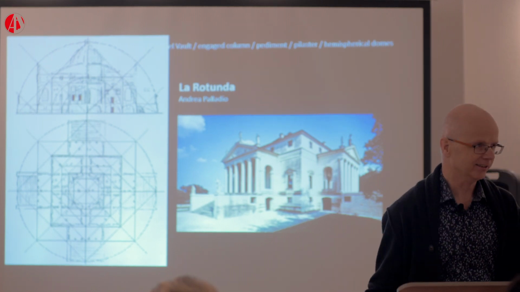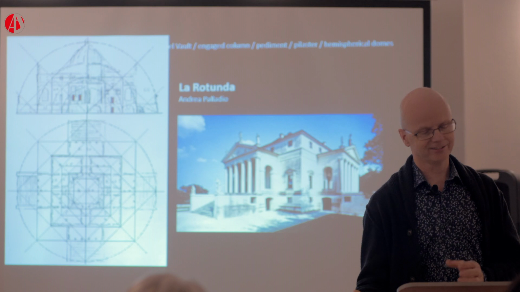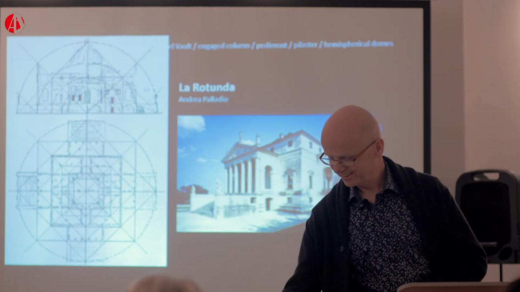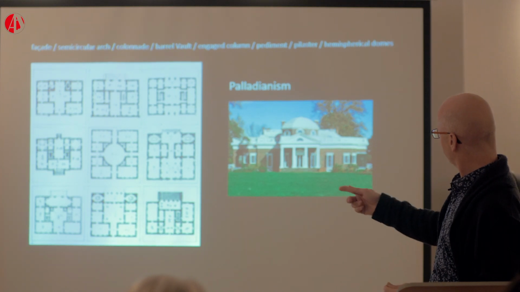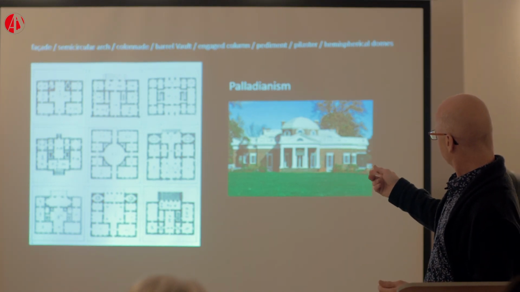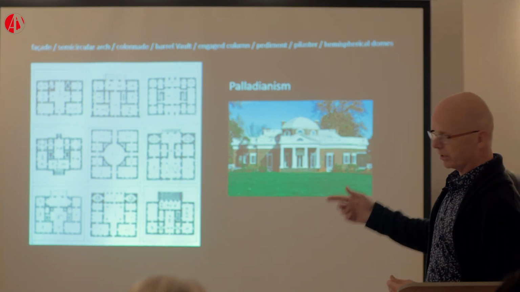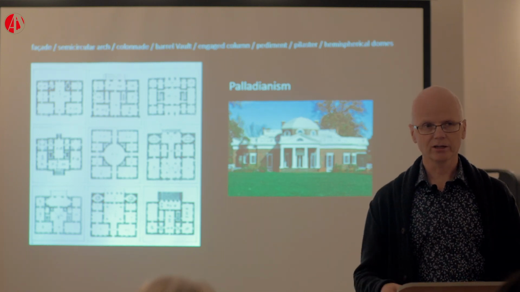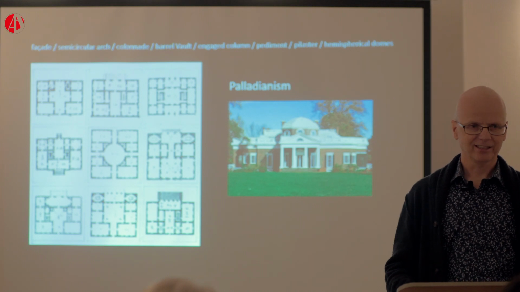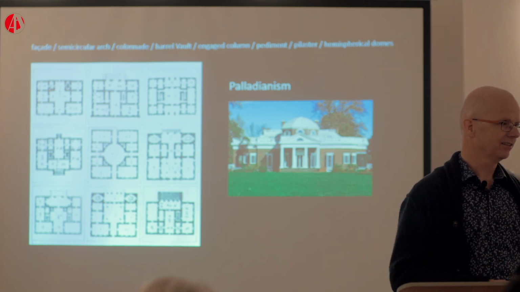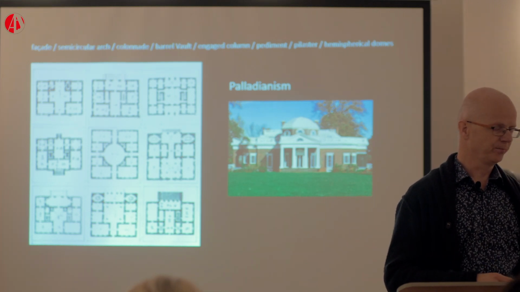So I get it, but these days it's like, no, you don't do that. But there's so much to bring from it. And you see Palladianism spread all over, especially in the US. You have all these monumental buildings, these big buildings that directly refer to Palladio.